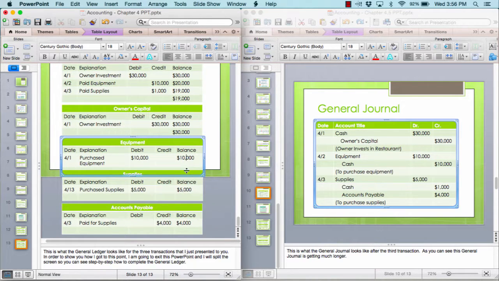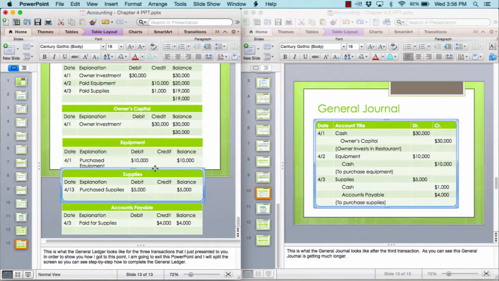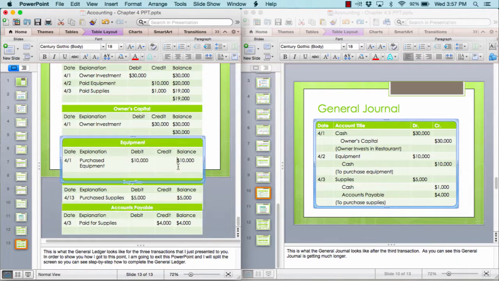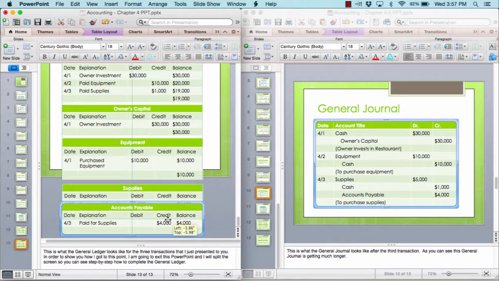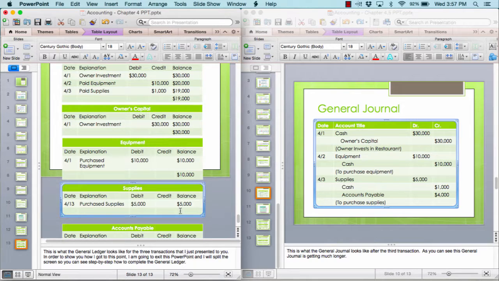Okay, in this case, I need to make it a little bigger. This one's $5,000.